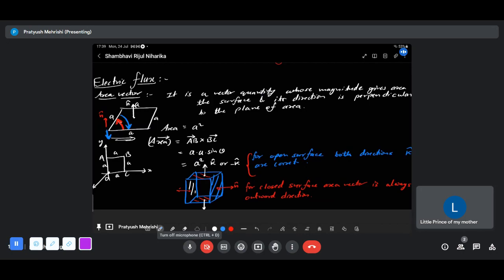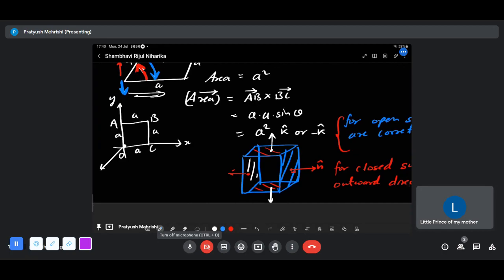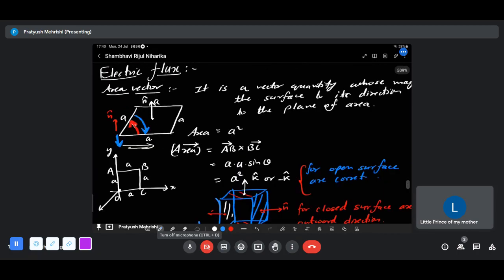Okay. Now, area is AB into BC. See the diagram. Now, what is AB into BC? Yes, AB cross BC.